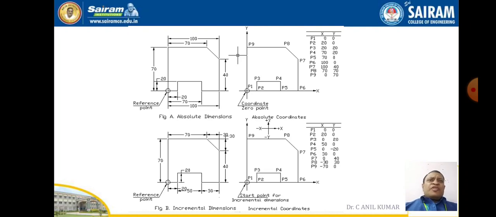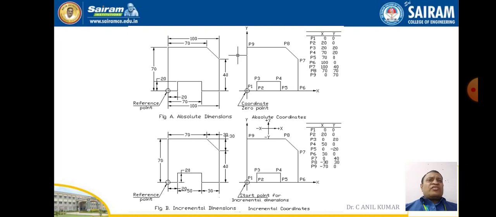The figure below shows that P1 is 0, 0, and if you go to point P2, there x is varying but y is not varying. So it will be 20, 0. Then if we go to point 3, which is P3, there x is not varying, only y is varying.